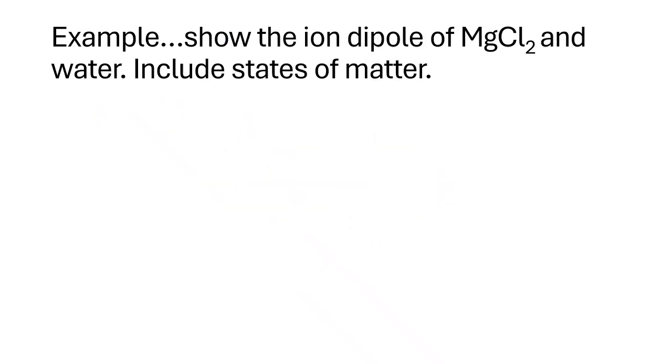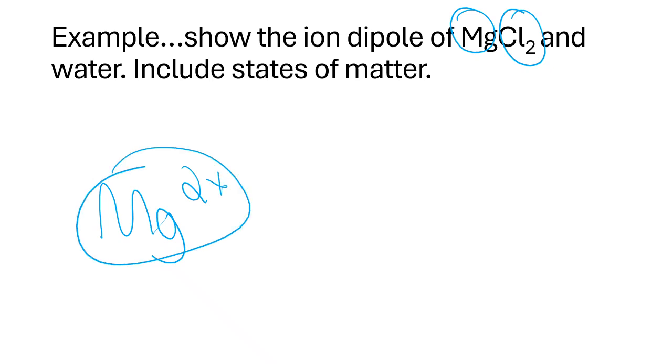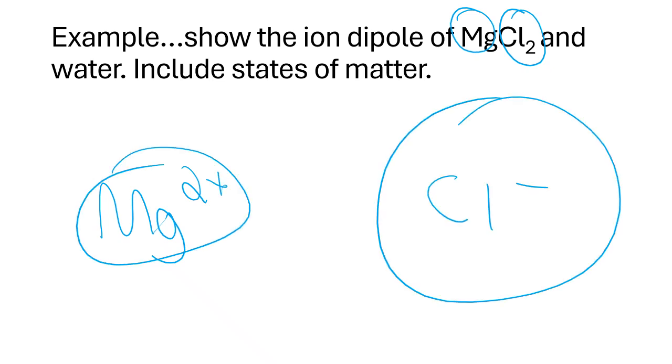So if MgCl, ionic compound, Mg is on the left, Cl is on the right, it's an ionic compound. Mg is going to be smaller than Cl because magnesium loses 2 electrons, becomes smaller. Chlorine is larger. So that negative side on an oxygen is going to face that magnesium, and that makes sense.